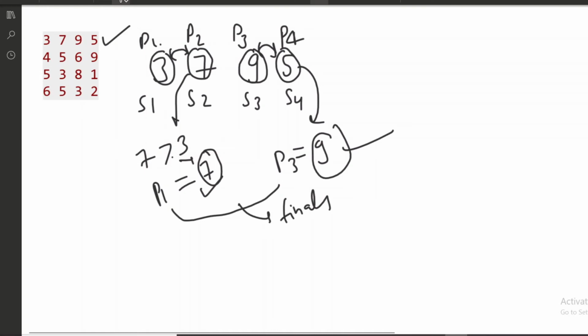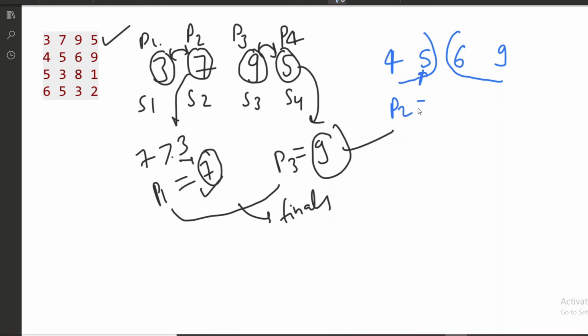Let's talk about the second test case: 4, 5, 6, 9. These two players will compete with each other and these two players will compete with each other. Player P2's skill rating is 5, which is greater than P1's rating of 4. Now P4 has rating 9 and P3 has rating 6, so P4 wins. P2 and P4 will reach the final.